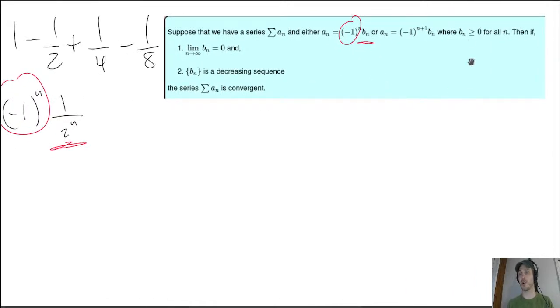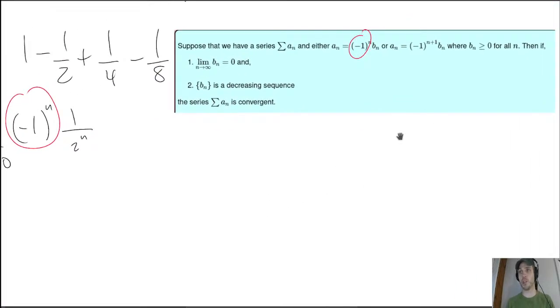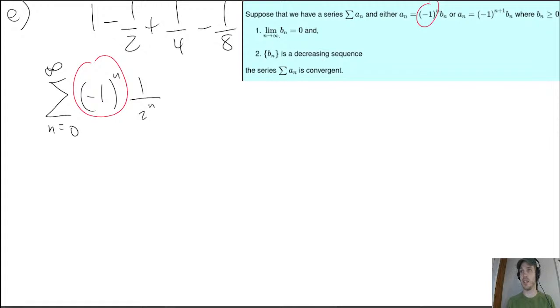So we do have the correct form, and then the b term needs to be non-negative for all values of n. And this can never be negative. So the exponent won't make it negative. So we're good. We have both of those conditions. Now we need the limit of the b term to go to 0, which it does. The limit as n approaches infinity of 1 over 2 to the n is equal to 0.